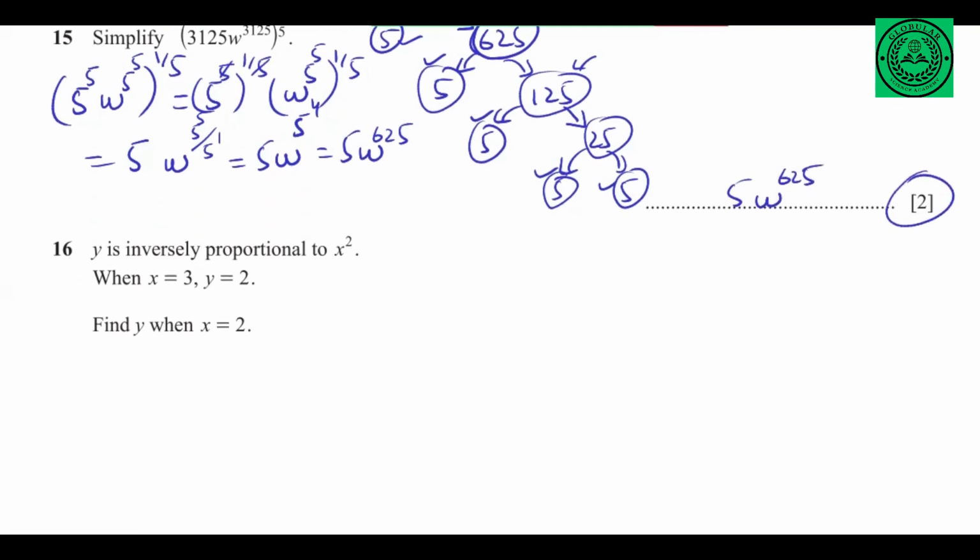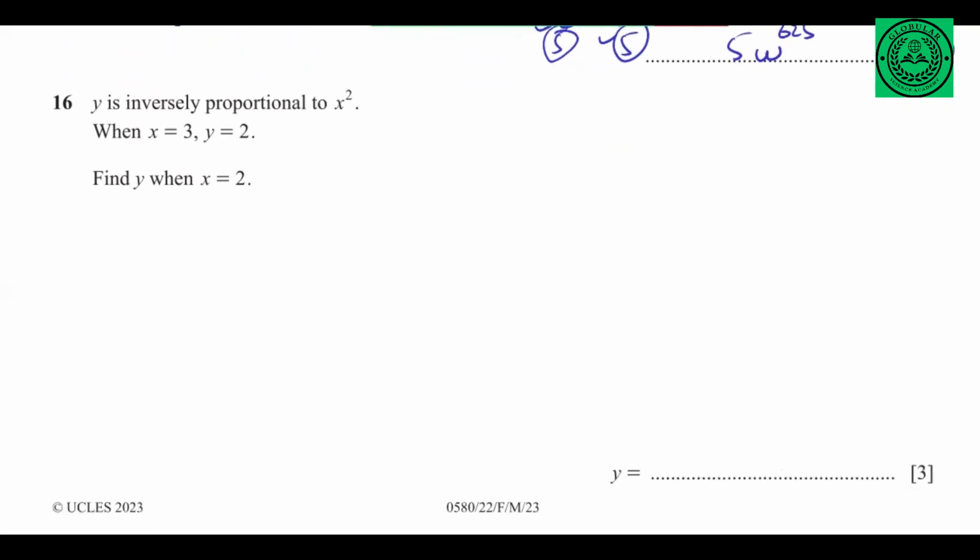And the last question for today's video is about proportions. It is given to us that y is inversely proportional to x square. So this means that we can write y is equal to k upon x square. Now we know that x is 3 and y is 2.